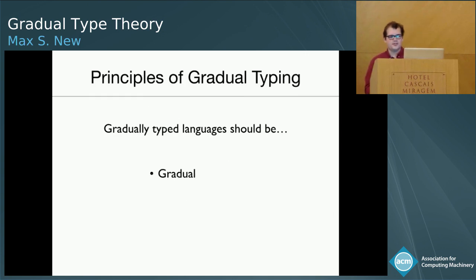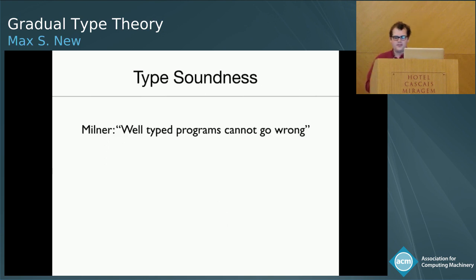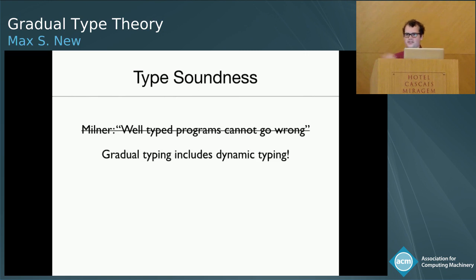Okay, so gradually typed languages should be gradual, and you might guess that they should also be soundly typed. One thing you might think is that well-typed programs cannot go wrong, but of course gradual typing includes dynamic typing as well, so this is insufficient for us.